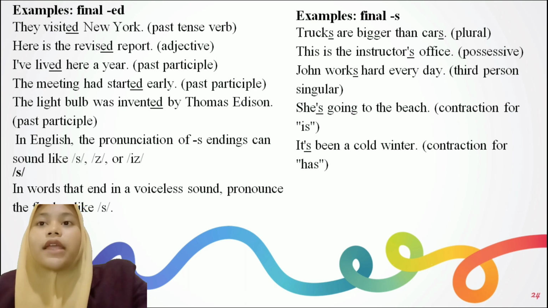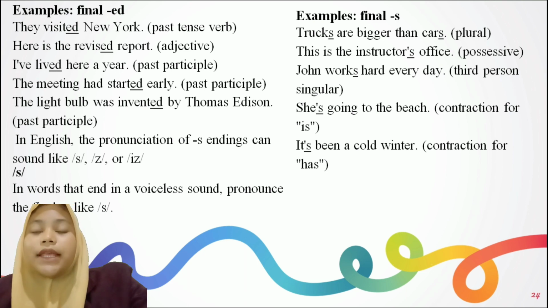Plural. This is the instructor's office. Possessive. John works hard every day. Third person singular. She's going to the beach. Contraction for is. It's been a cold winter. Contraction for has.